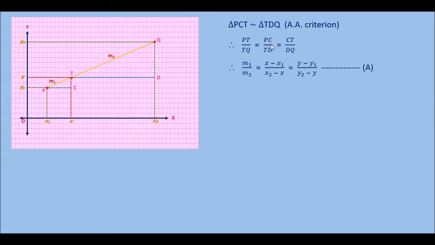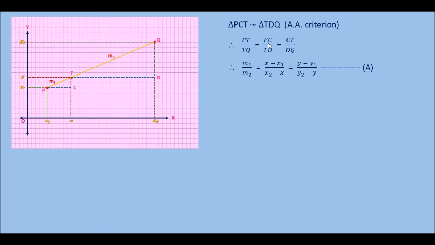Coming to PC, these two are the points, P and C. Now these two points are lying on the same horizontal straight line, so they have the same ordinate value. y is equal to y1 for both these two points. But the abscissa value is different. P has an abscissa value of x1 and for C it is x. I have taken the second point minus the first point, so I have written x minus x1.